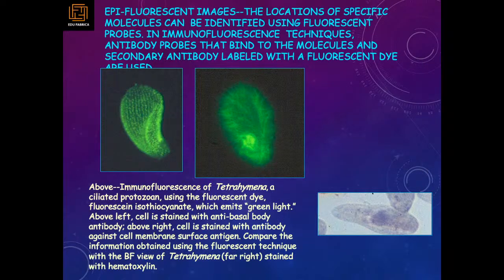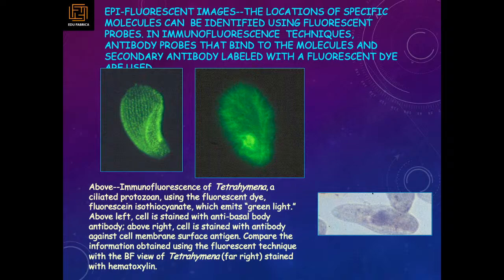This is the image of Tetrahymena, the immunofluorescence images. In this technique, the specimen is probed with antibodies that bind to the molecule, and the secondary antibody is labeled with the fluorescent dye. First we add a primary antibody which attaches to various molecular parts of the cell.